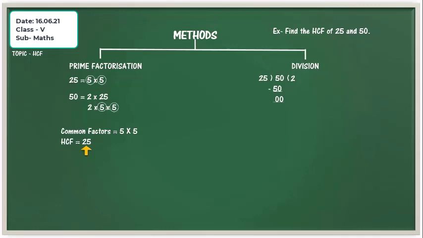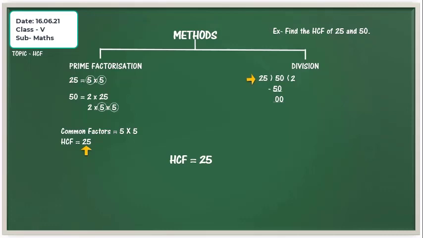If you remember, we just studied the properties of HCF, where the property number 2 said that if one number is a factor of another number, the smallest number is the HCF.